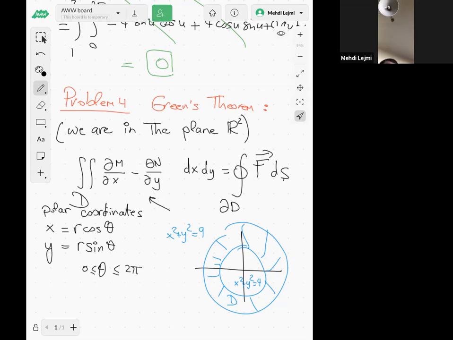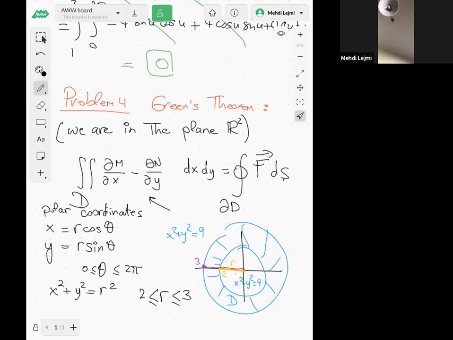And x squared plus y squared equals r squared. The inner radius here is 2, and for the outer circle the radius r is 3. So r must be between 2 and 3.